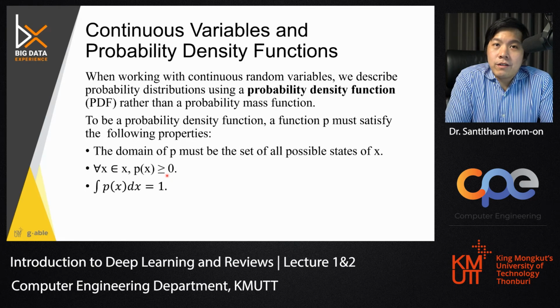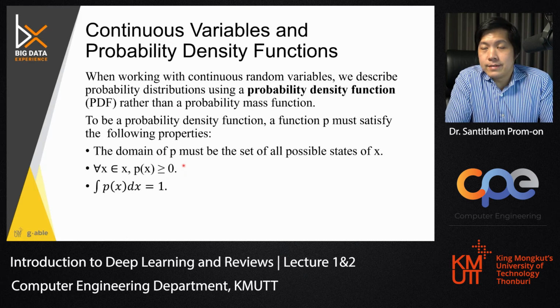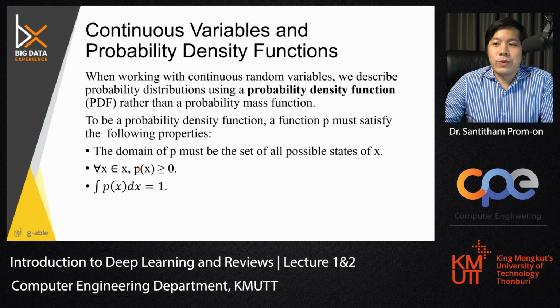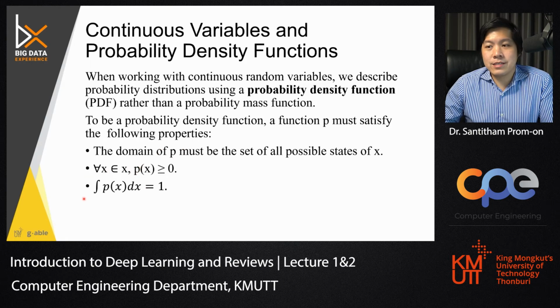For the continuous variables, instead of calling it probability mass function, it's called probability density function. They are similar, though this one would be continuous. That means the value of P(x) would be more than 0.